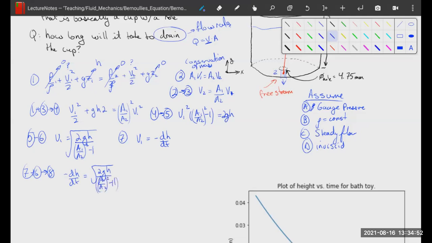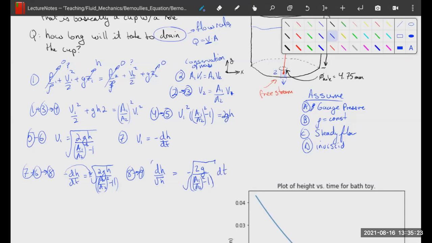We're going to take the negative sign over, and then we're going to separate and integrate. So 8 to 9 is going to give us dh over the square root of h is equal to the negative of the square root of 2g over (A1 over A2 squared minus 1), all of that square rooted, times dt.